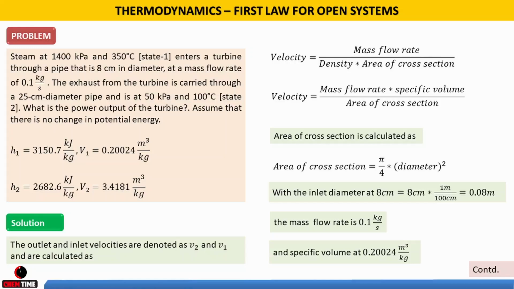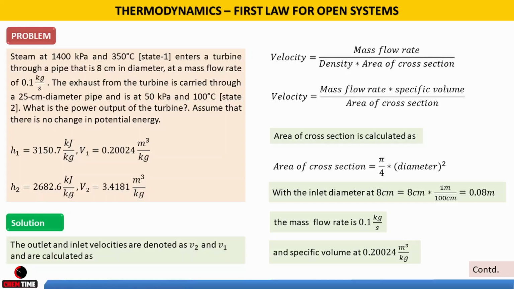The exhaust from the turbine is carried through a 25 centimeters diameter pipe and is at 50 kilopascal and 100 degrees centigrade, that is state 2. What is the power output of the turbine? Assume that there is no change in potential energy.